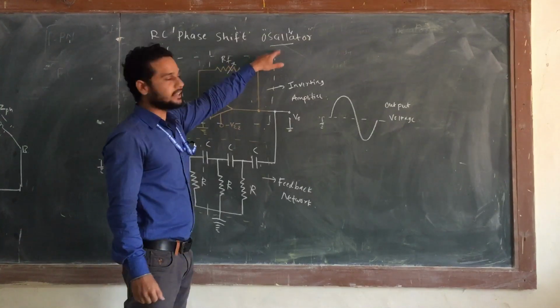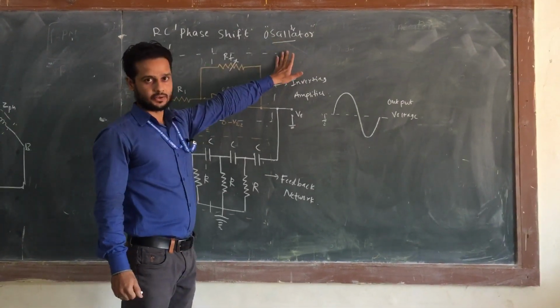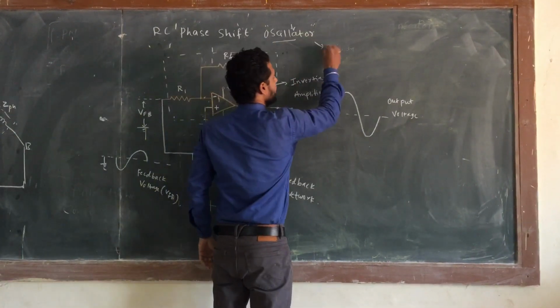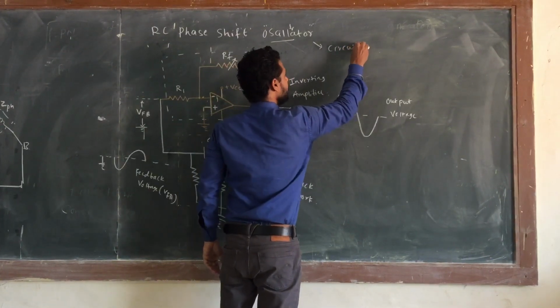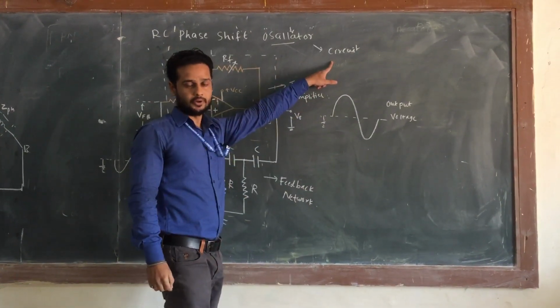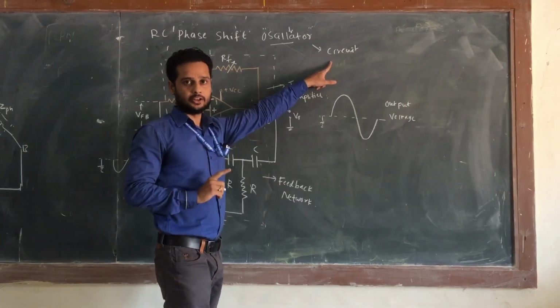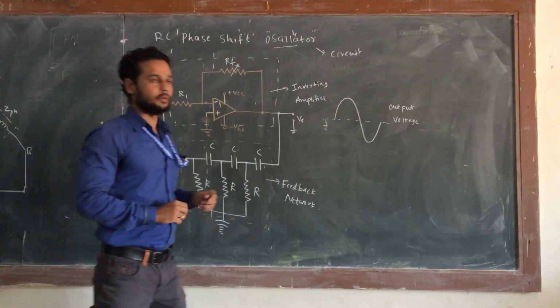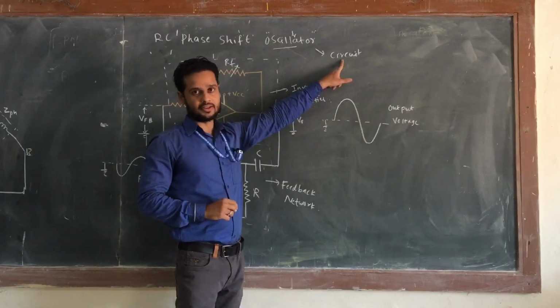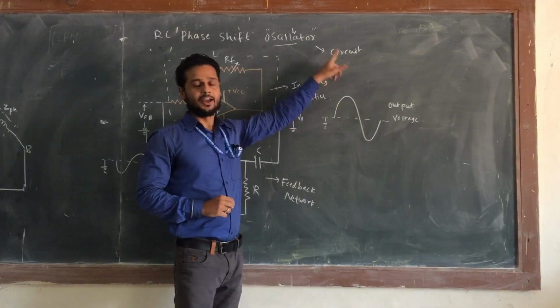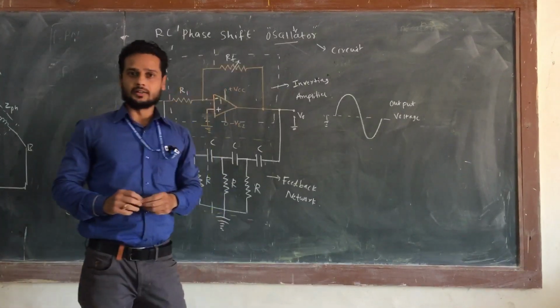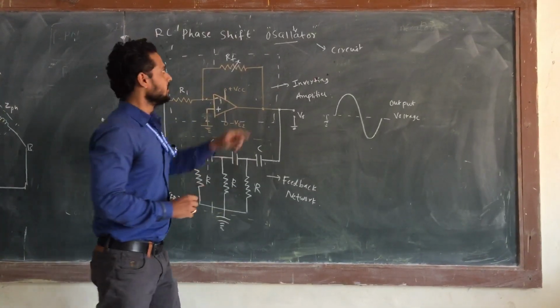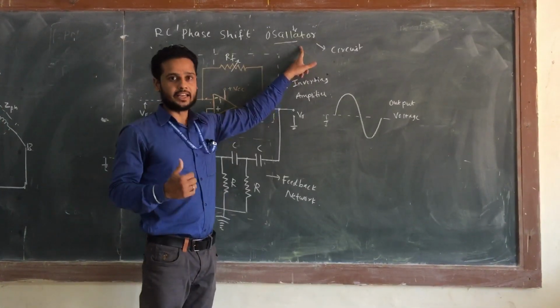An oscillator is nothing but a circuit which produces an output having one particular frequency, or you can say a desired frequency as per your requirement. One more important thing to notice is that this oscillator doesn't require any input.